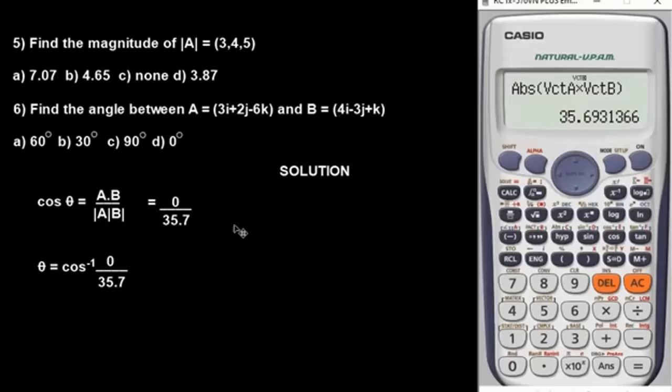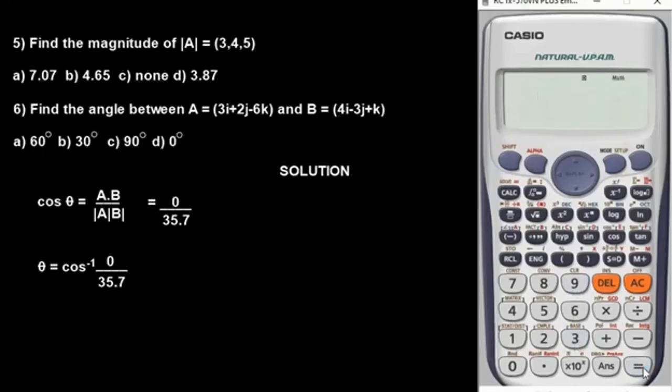So once you get to this point, almost done, you make theta the subject of the formula. When you make theta the subject of the formula, this is what you will get. So your answer now will be theta equals cos inverse of 0 over 35.7. So let's check it with the calculator. We wipe out this. From vector mode, you clear the calculator, press shift button 9, follow the instruction.